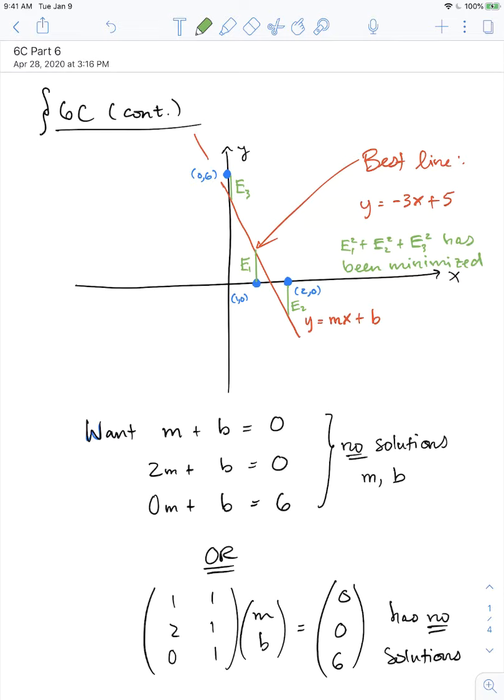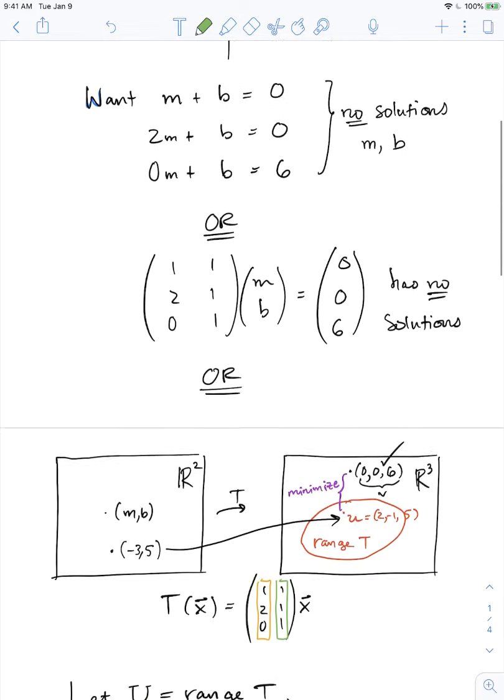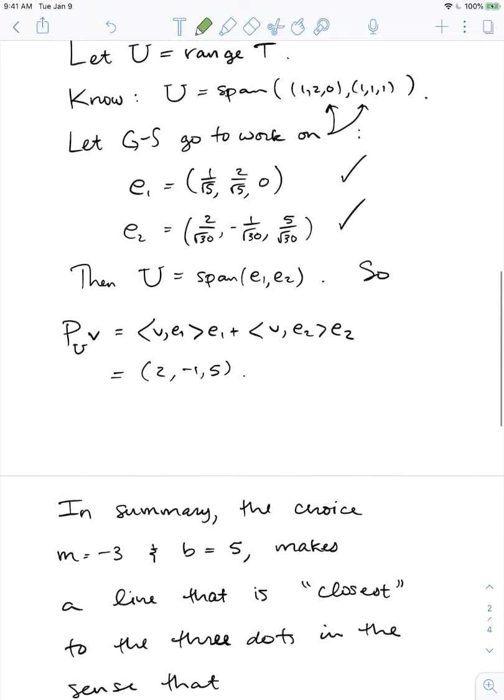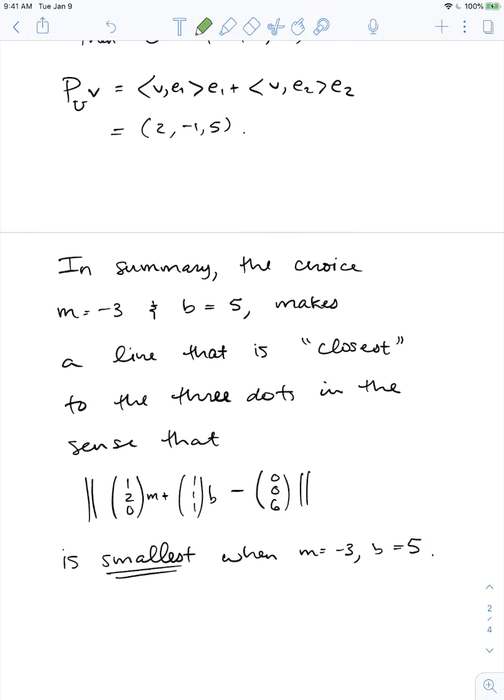Because that is this norm. This right here equals the square root of e1 squared plus e2 squared plus e3 squared.